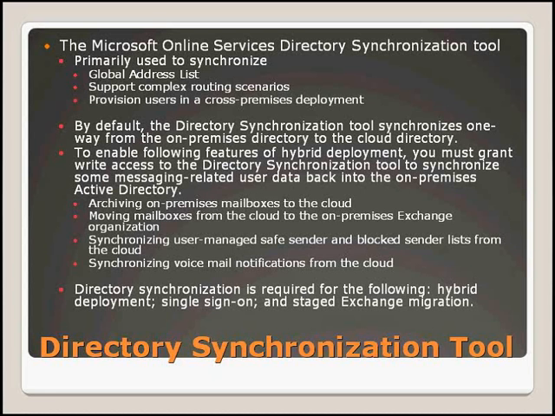In many cases, you may have scenarios wherein you're archiving mailboxes on the cloud, and your primary mailbox is in your on-premises network. You might also have scenarios wherein you want to move a mailbox from the cloud to on-premises. And there could be scenarios where you need to synchronize the safe sender and block list from the cloud users as well.